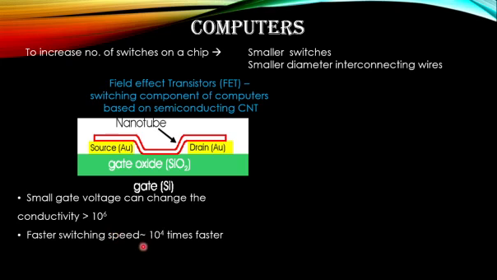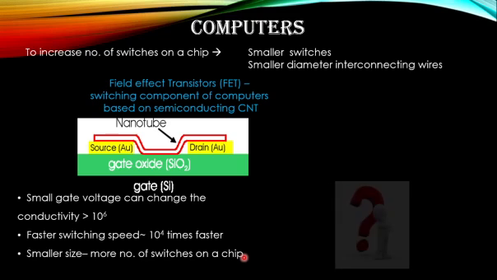So faster switching speed will be obtained, almost 10,000 times faster than the current setup, and with the smaller size of the carbon nanotube, which is in the nanometer range, more switches can be on a chip. That will decrease the size of the chip as well as increase the number of switches per unit area, which again increases the response.